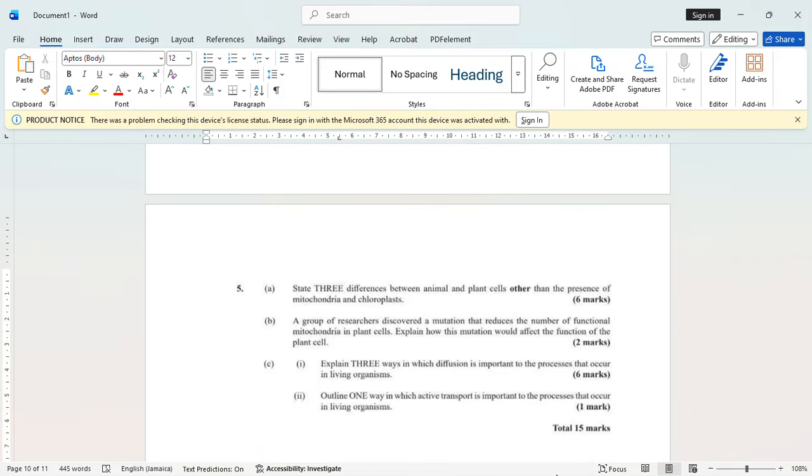It says state three differences between animal and plant cells other than, again, they give you one, you can't mention this, other than the presence of mitochondria and chloroplasts.